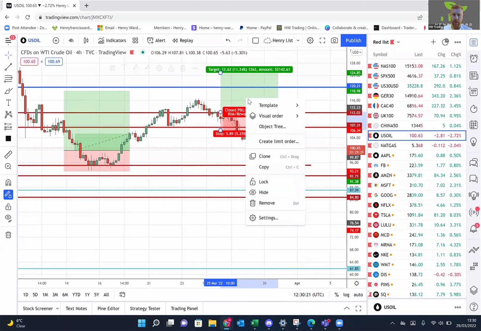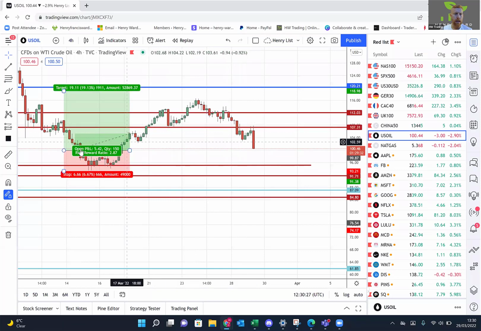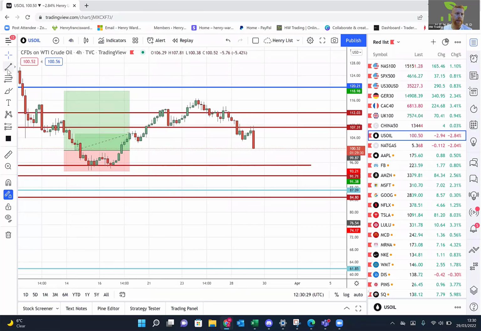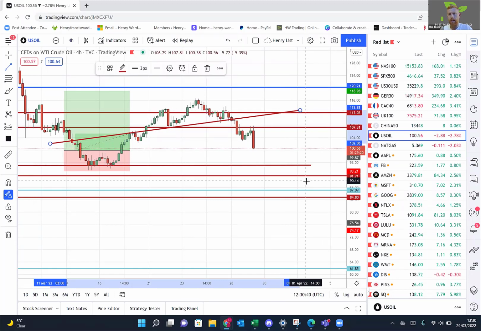And now that head and shoulders pattern has played out quite nicely. I'm assuming it's to do with the announcements that the US are going to start releasing their reserves of oil. Saudi is going to ramp up some of its production as well.